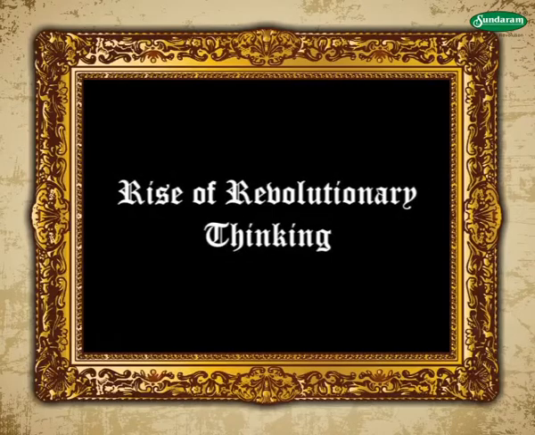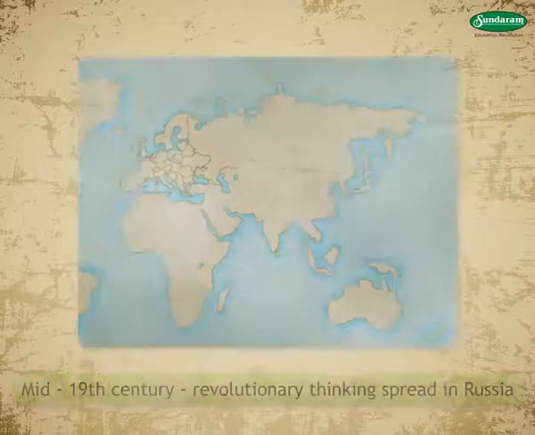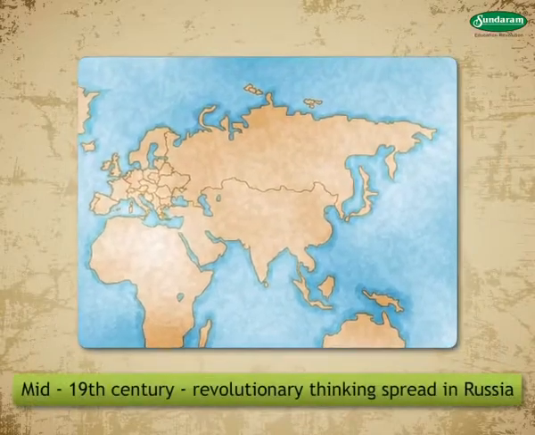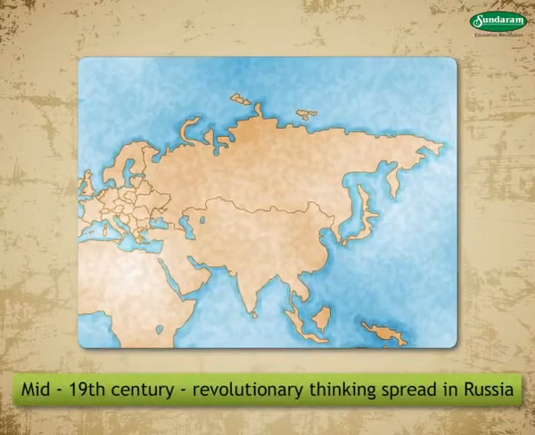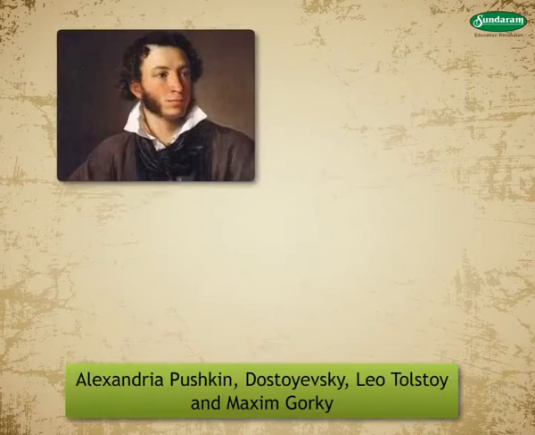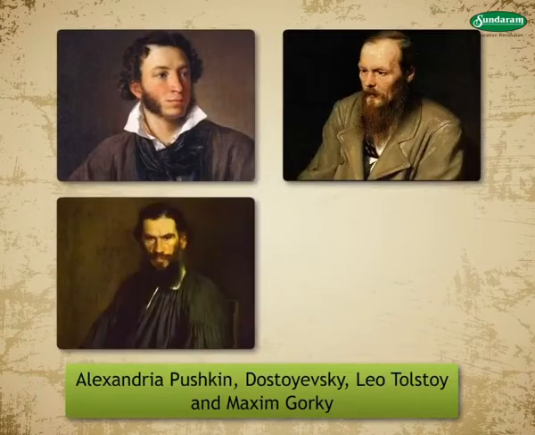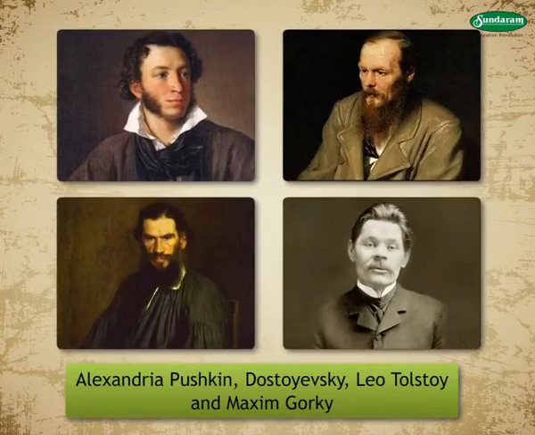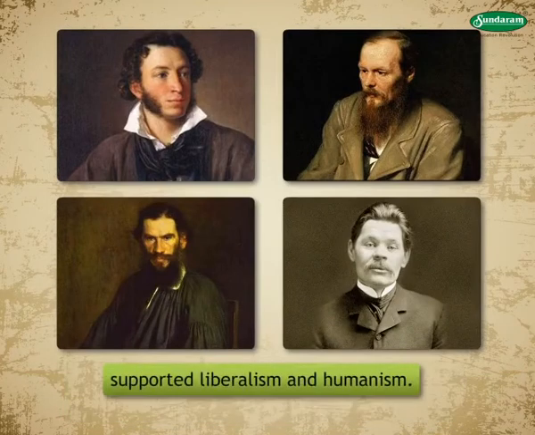Rise of revolutionary thinking. In the midst of the 19th century, revolutionary thinking spread in Russia. Russian authors and thinkers such as Alexander Pushkin, Dostoevsky, Leo Tolstoy, and Maxim Gorky supported liberalism and humanism in their writings.